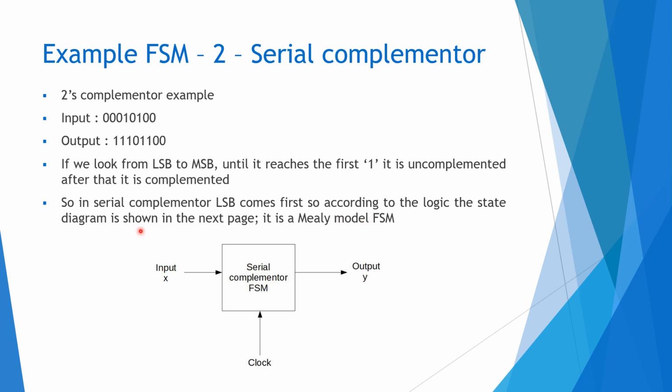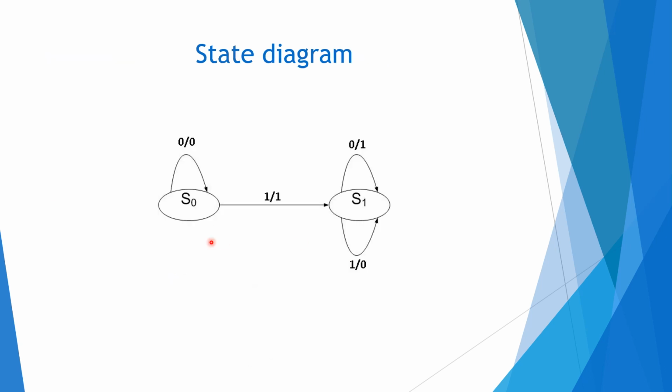According to this logic, the state diagram is shown on the next page. It is a Mealy model FSM. See here, this is the first state. When the input is 0, it does not complement. It gives the same output as the input, here 0 bar 0. You can see it is not complemented.